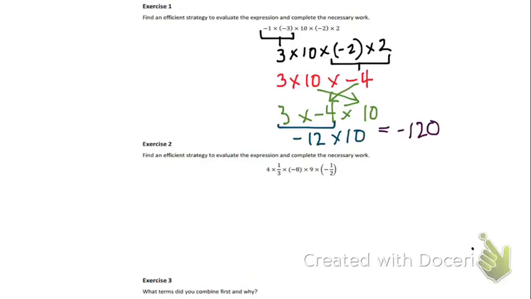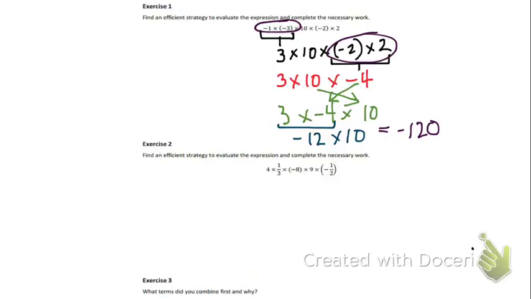Okay, well here's what I did for exercise 1. Like I told you before, I like to get rid of the negatives as much as I can, and I did that right there. Got positive 3, and then I went ahead and did these two, got them out of the way, applied some associative property there, doing the end of the expression.